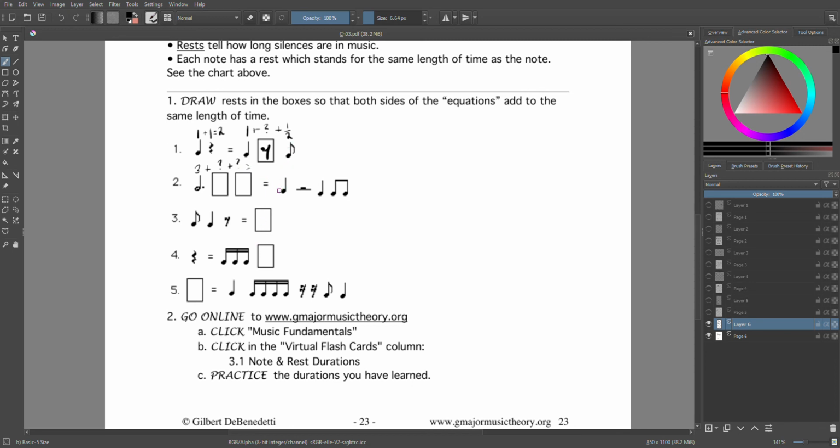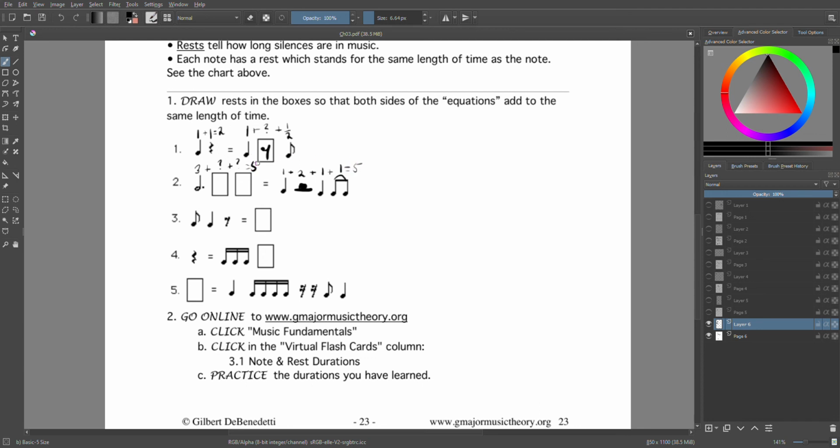We'll figure that out. Quarter note is 1 beat. Here's our half note, or half rest, because it looks like a hat. 2 beats plus whatever this is, quarter note, 1 beat, plus 2 eighth notes together is 1 beat. So 1, 2, 3, 4, 5.